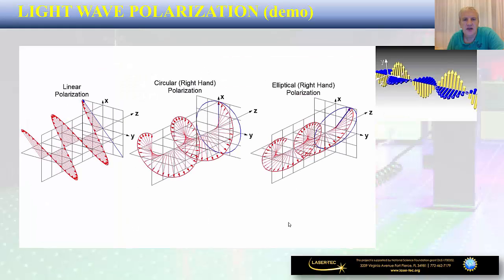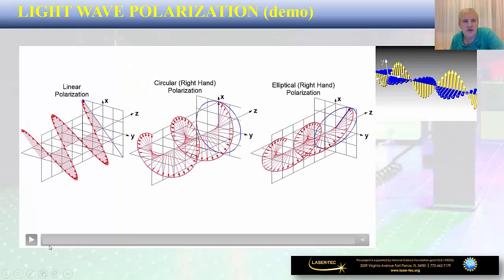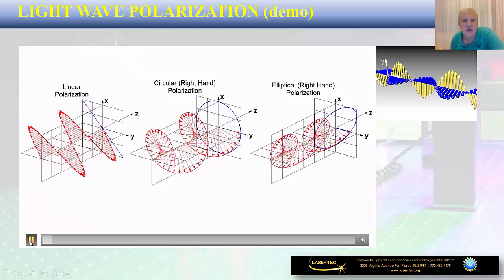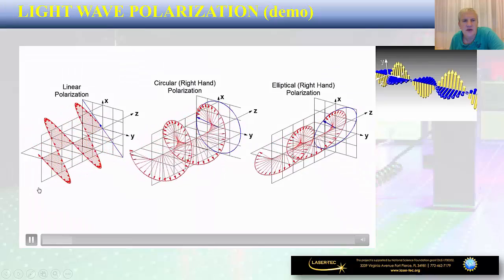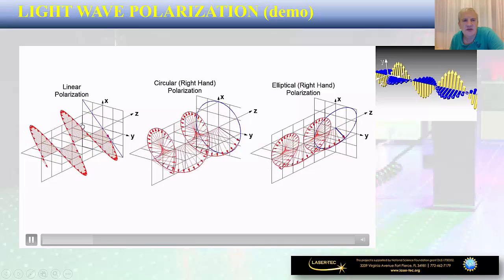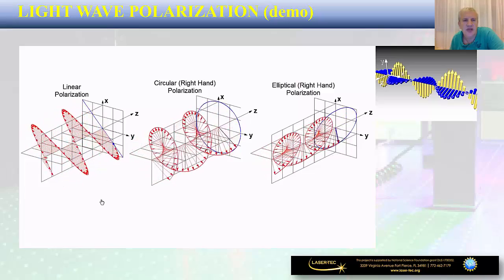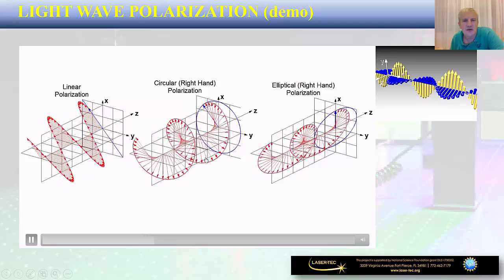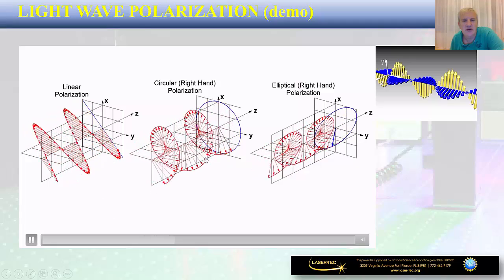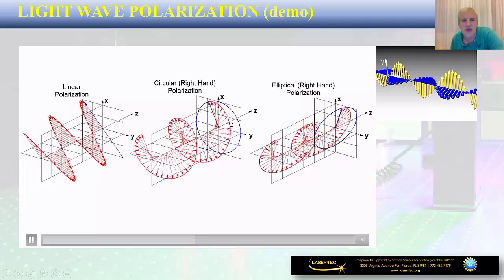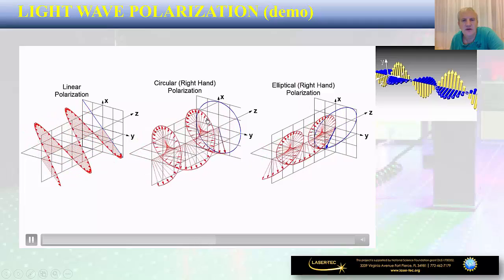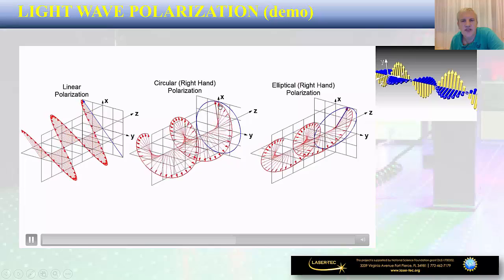On this slide, we have a demonstration of three different types of polarized waves. All the way on the left, we see that all the vibration takes place in a plane that's tilted at a certain angle. In the center, we have a vibration of light where the vector of vibration is moving along a circle, so we're talking about circular polarization.